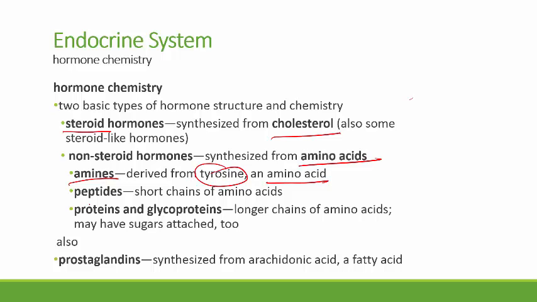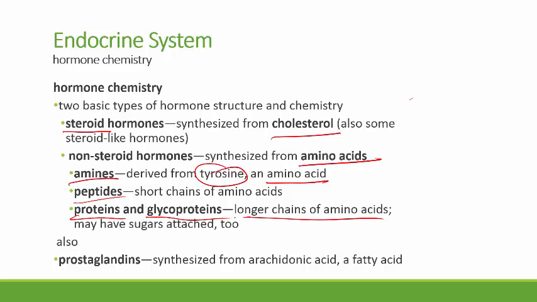Then there are peptide hormones, and peptides are just short chains of amino acids, less than 100, give or take. And then finally, protein hormones are really long chains of amino acids, and if you attach a sugar to it, then it's a glycoprotein. So proteins and glycoproteins are a third group of non-steroid hormones.